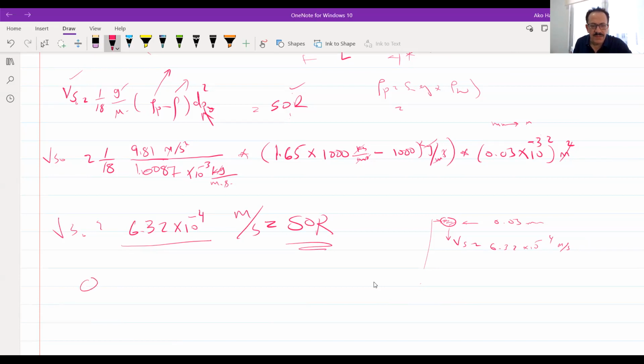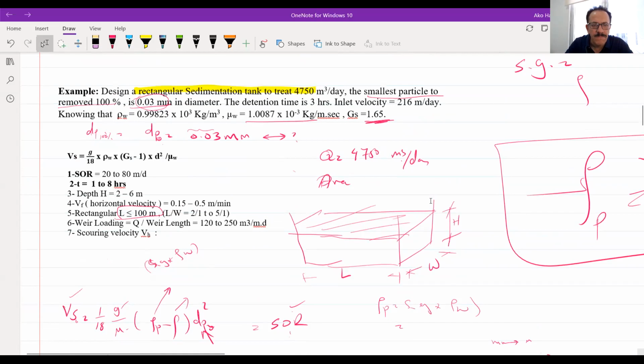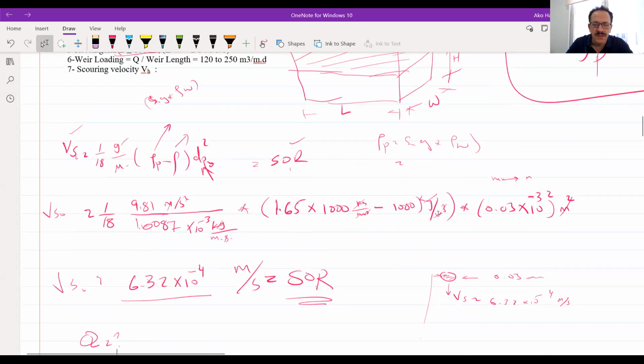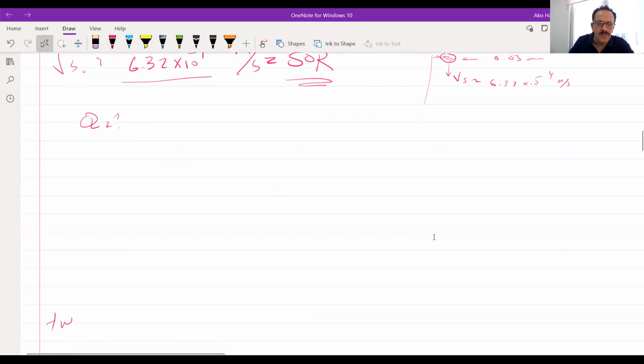Now, what is the Q? The Q is the Q of this tank. It will be 4,750 meter cube per day, right? Now, from the definitions, the SOR is equal to Q divided by surface area.